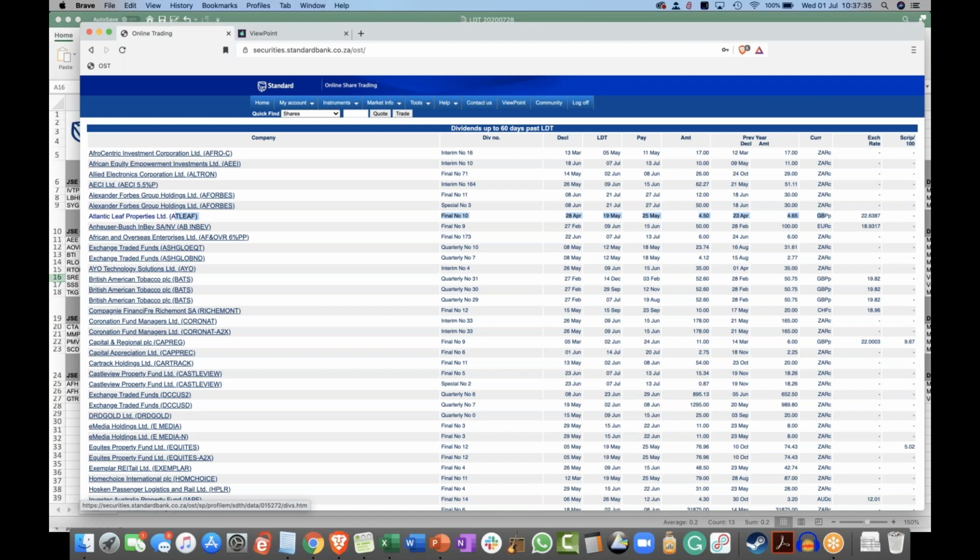What they will do is at some point also give you the currency conversion ratio. So 4.65 pence times 22 pounds and some change at the exchange rate, because you will get paid in ZAR. And then sometimes, as is the example down here, Capital and Regional, they gave you a script option, and they'll tell you how many shares you received per 100 that you were holding.